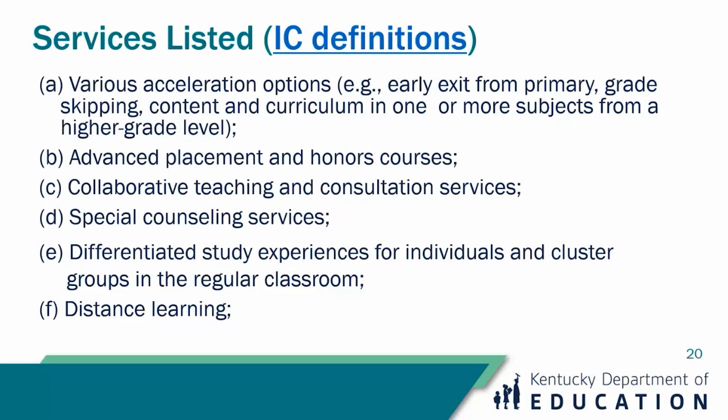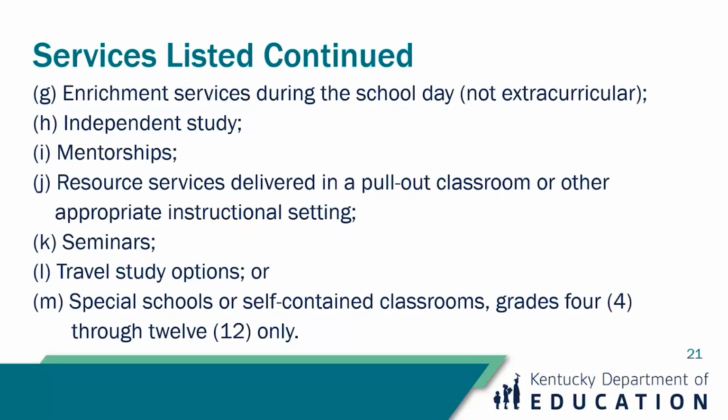So we've got acceleration, advanced placement and honors, collaborative teaching and consultation, special counseling, differentiated study experiences, distance learning, enrichment services, independent study, mentorships, resource services delivered in a pull-out classroom or other appropriate instructional setting, seminars, travel study options, or special schools or self-contained classrooms.